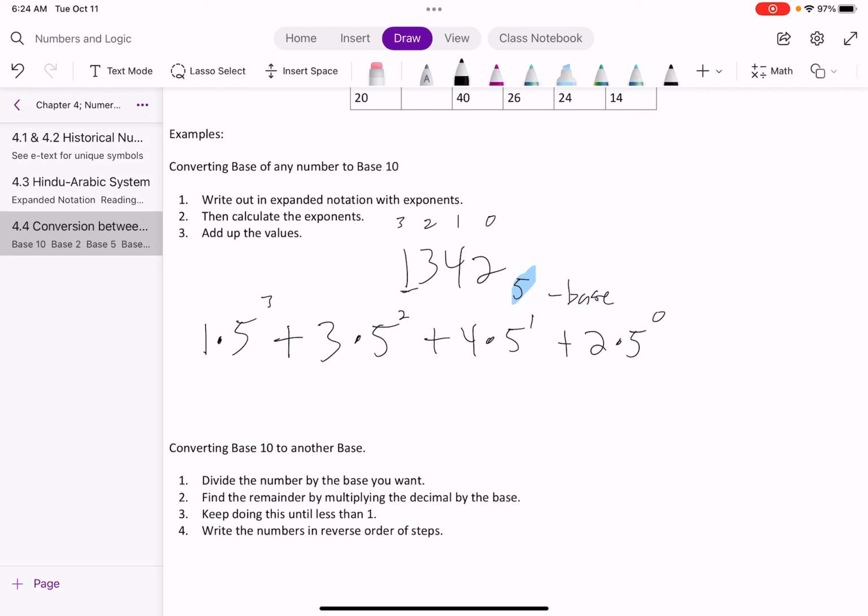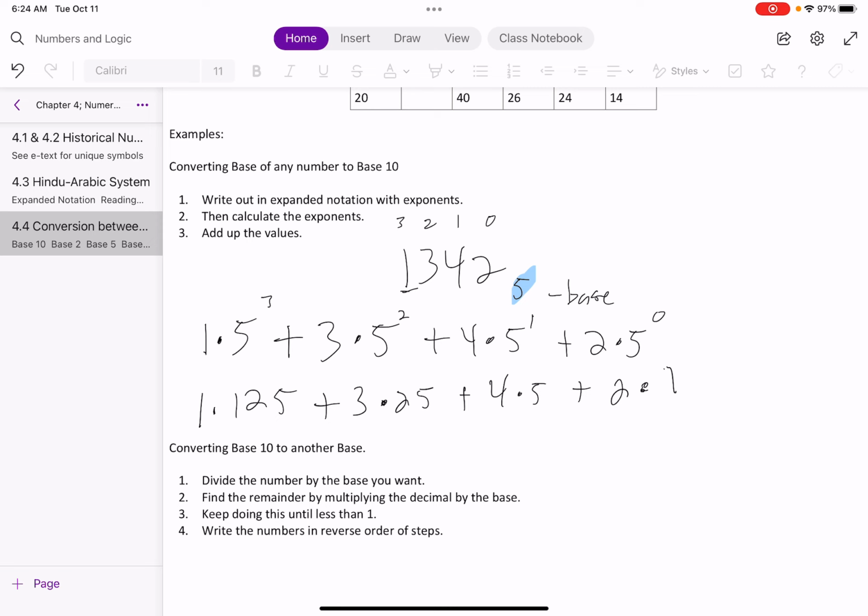And then step 2, calculate the exponents. And so you may need a calculator. So again, we learned that in 4.3. So this becomes 1 times 125 plus 3 times 25 plus 4 times 5 plus 2 times 5 to the 0 power, which is 1.